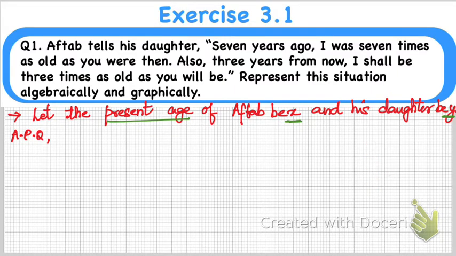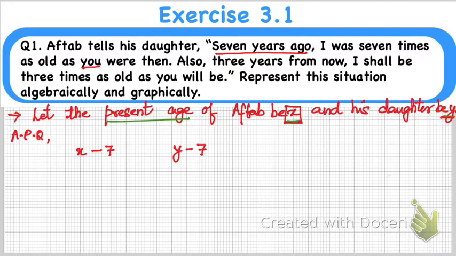Okay, so similarly, if the present age of Aftab is x, that means 7 years ago he was x minus 7 and his daughter was y minus 7, because the present age of his daughter is y. Okay, so the statement is that 7 years ago Aftab was 7 times as old as you were then.